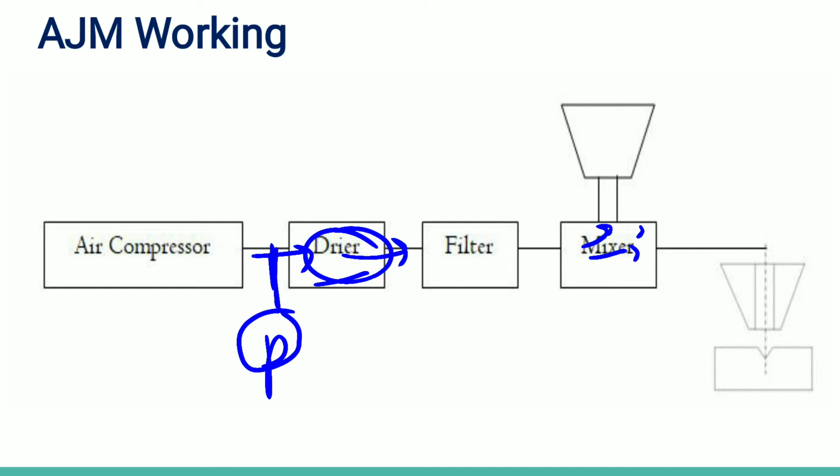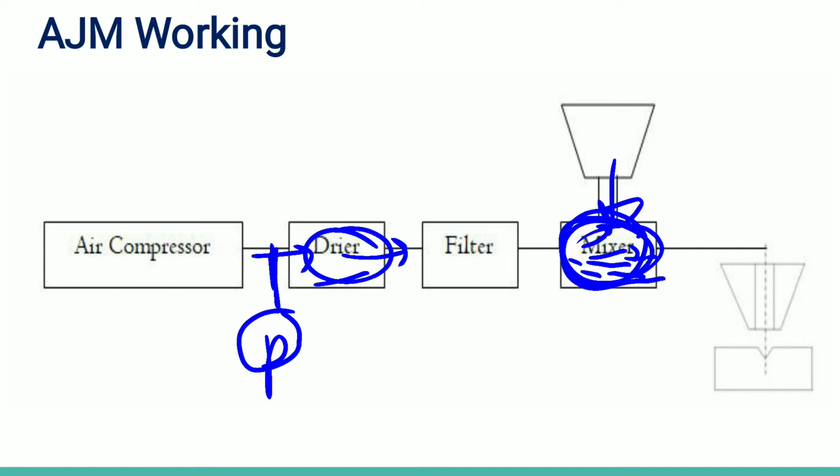When they move randomly, there is a chance that the abrasive particles coming from this side may or may not gain velocity. If they do not gain velocity, they will come to the lower portion of this mixer. Because of that we are using the electromagnetic shaker, which continuously shakes it so that a complete mixture is formed.